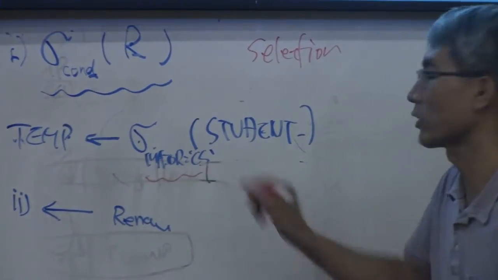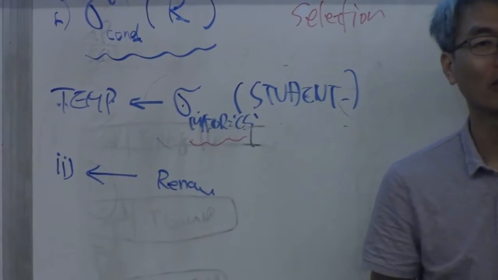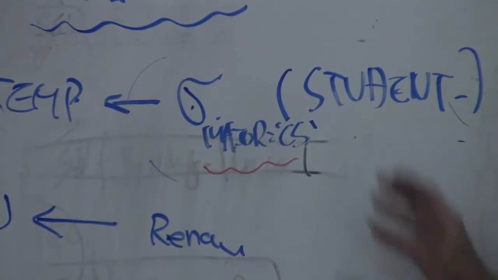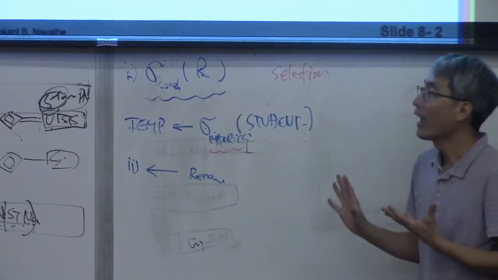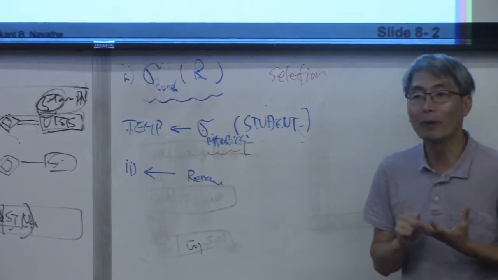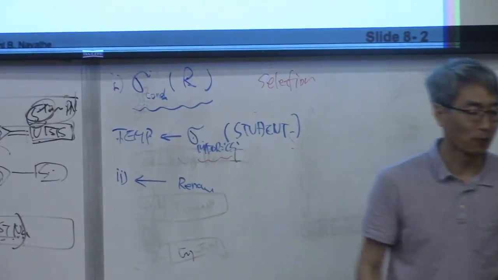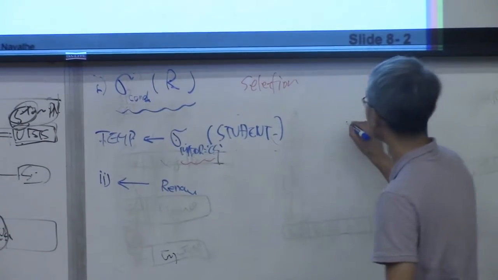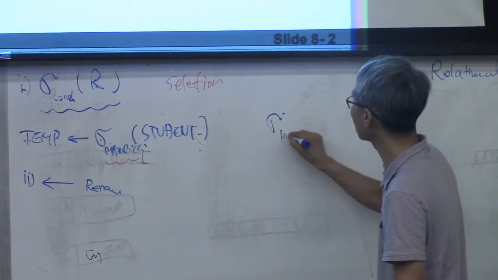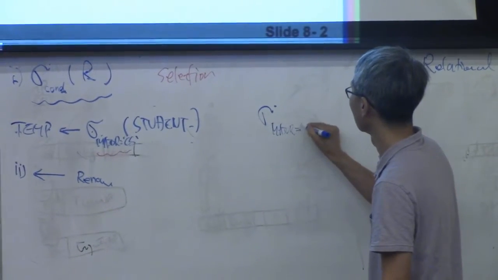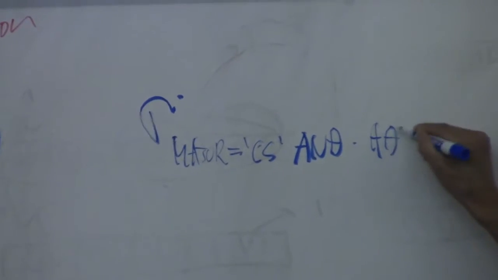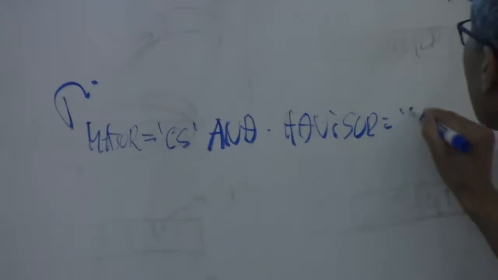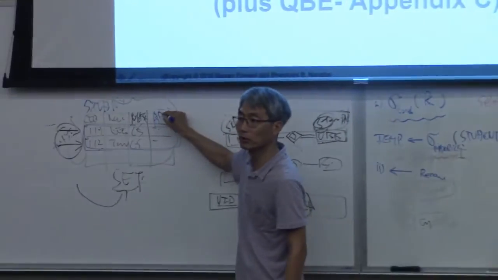What about this condition? I have a more complicated condition. For example, I'd like to select students whose major is in CS and also whose advisor is Lee. Then how can we get it? We can have the major CS and advisor is Lee. Definitely this advisor should be an attribute of this one.